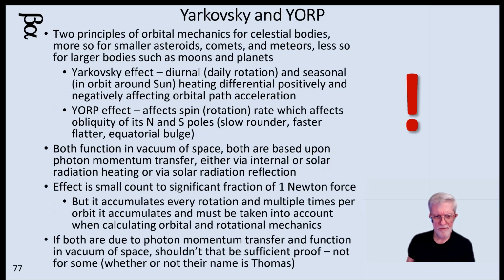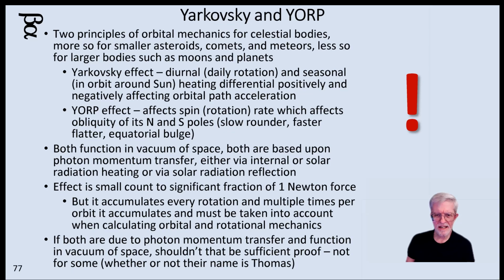For those that are not familiar with it, radiation reflection pressure out in space, or just radiation pressure as they call it, has two effects. There's the Yarkovsky effect and the YORP effect, which the Y also stands for Yarkovsky, but it's different. The Yarkovsky effect is the daily rotation and seasonal movement of smaller bodies like comets, asteroids, and moons.